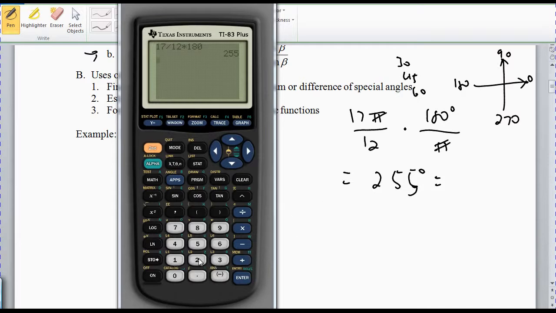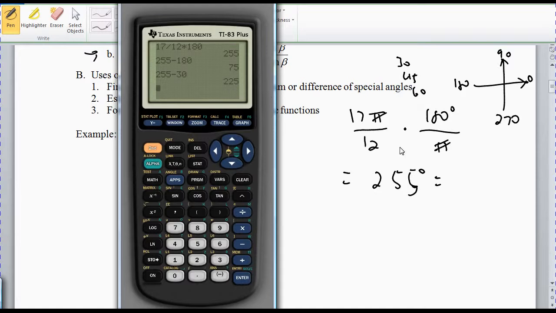So let's see. If I take 255, let's just use information about the third quadrant. I subtract 180. That's 75, which is not a special angle, so I can't use 180 on 75. Let's just go ahead and do 30. That's what happens. 225, is that a special angle?